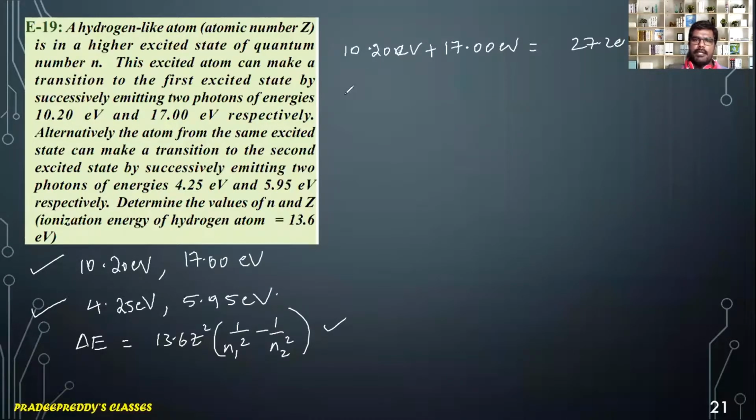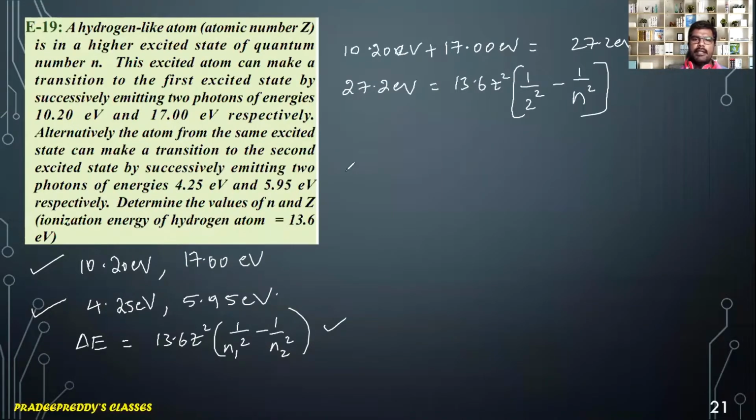I am equating it with 13.6 Z square into, from some higher state n, 1 by 2 square minus 1 by n square, right?